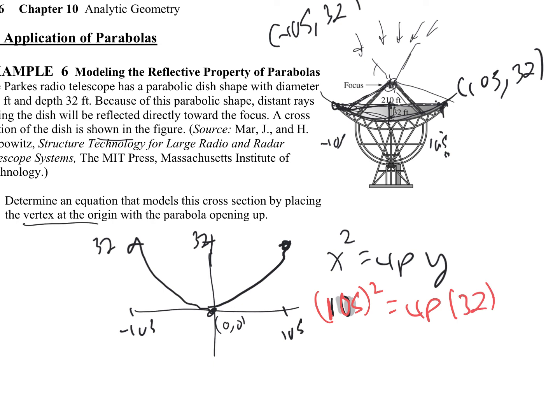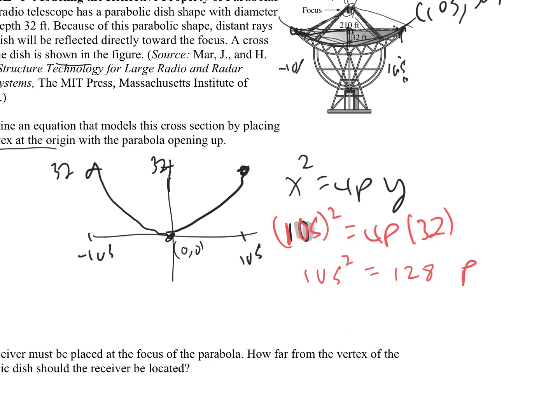And 32 times 4 is 128, so 105 squared equals 128p. Now I gotta chew on that for a minute. For p, I can use my calculator to get 105 squared, and then I will divide it by 128.